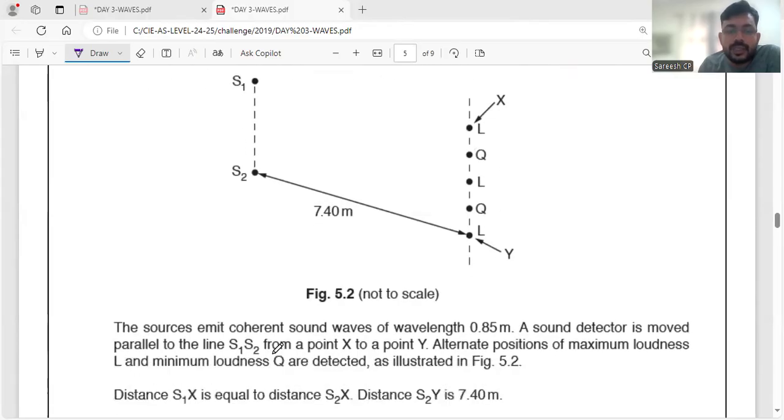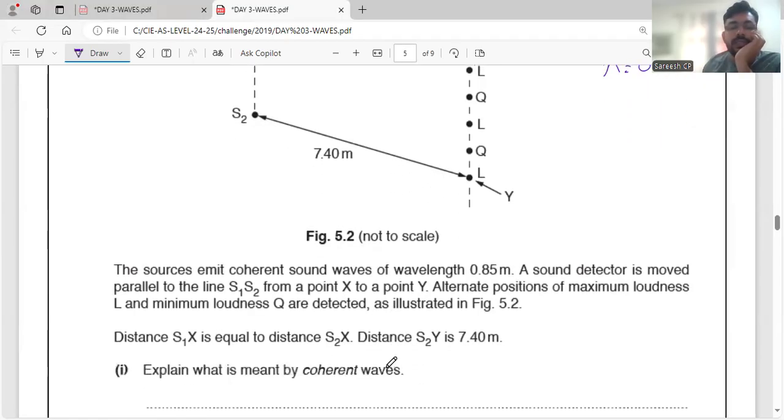Next one. Two sources S1 and S2 of sound waves are positioned as shown in the figure. The sources emit coherent sound waves of wavelength 0.85. So I can say lambda is equal to 0.85. A sound detector is moved parallel to the line S1 S2 from point X to point Y. Alternate positions of maximum loudness L and minimum loudness Q are detected.